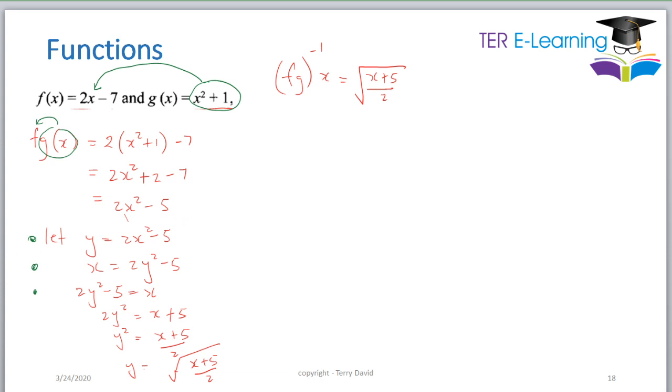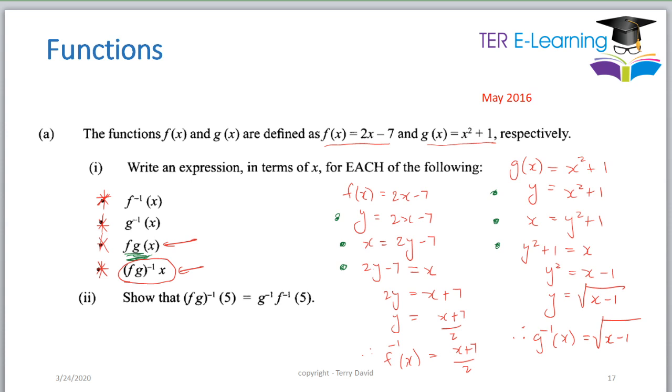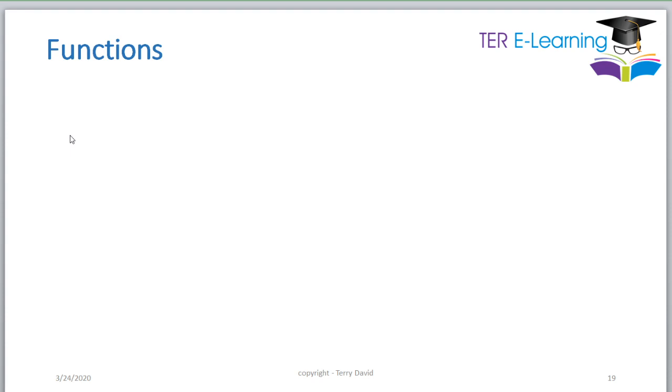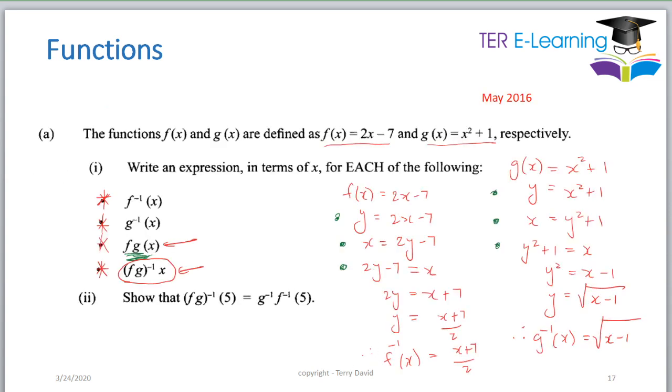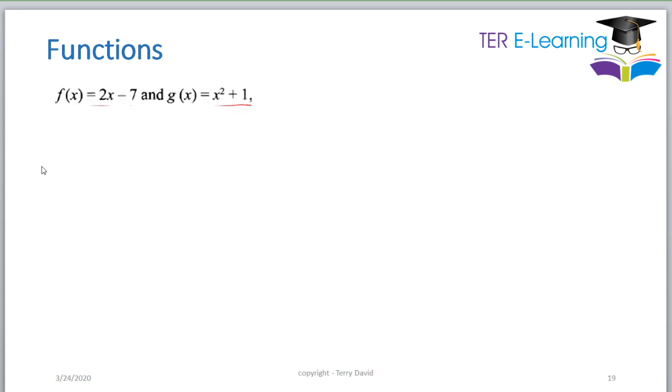Okay, so what's the next part of the question? The last part is to show. So let me just copy this. So these were the original functions, and the question wants us to show that.